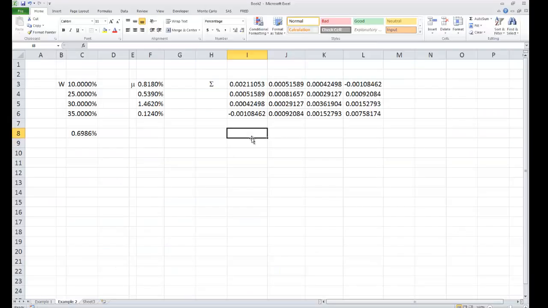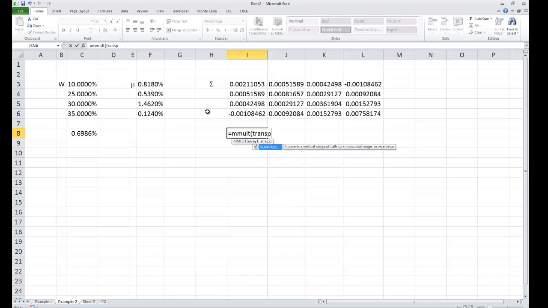I'd like to show this to you in Excel. Here's our weight vector, here's our sigma. All we do is matrix multiply, and the first thing we want to do is the transpose of the W vector against sigma. And then what we want to do is multiply that against the W vector. One trick to understand, however, is in Excel, you can only multiply two matrices.